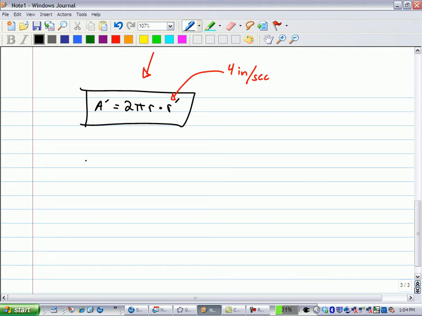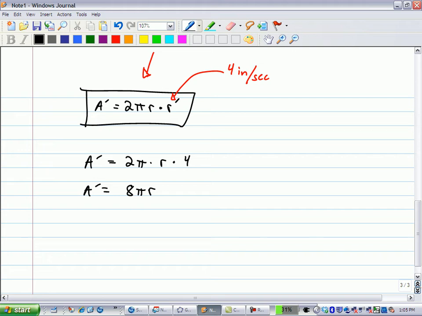So we can rewrite this formula. A prime equals 2 times pi times r times 4. A prime is 8 pi r. Is A prime at all related to r?